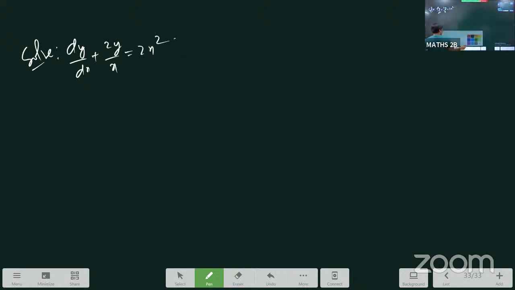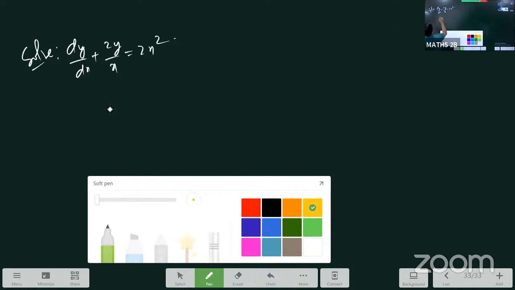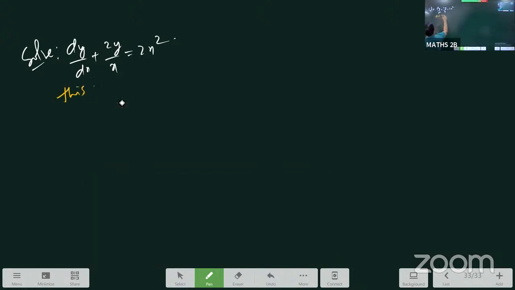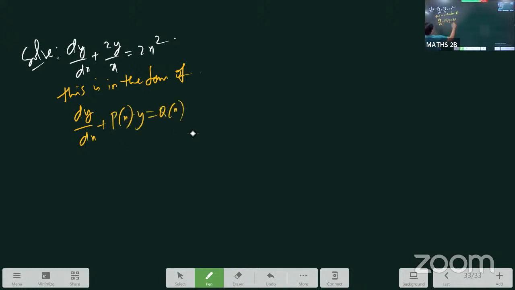Now this is in the form of dy by dx plus p of x into y equals q of x. Is it clear? Right.